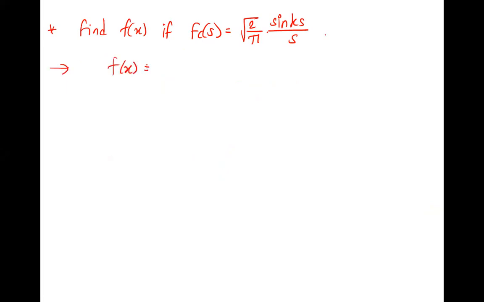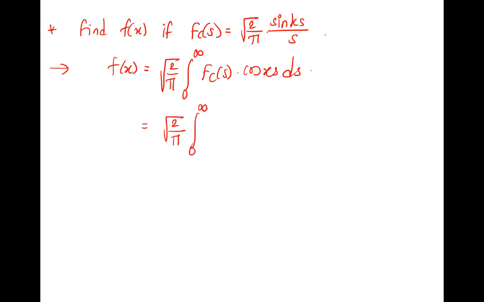It means you are using the inverse Fourier cosine transform definition, which is root 2 by pi integral to infinity of FCS into cos x s ds. So write FCS there. Limits are 0 to infinity as not given, root 2 by pi as it is, sine ks upon s into cos sx ds.